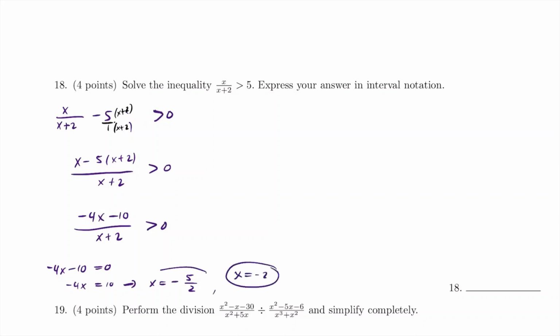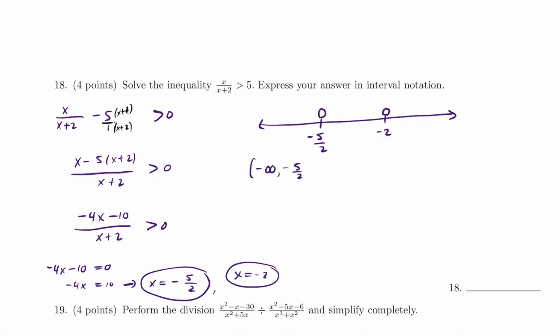So we take these zeros and we split up the real line into different intervals. Negative 5 over 2 and negative 2 are right here, and so forth. Now these are not included, so open circle at those. So we're testing this interval, negative infinity to negative 5 over 2, and then negative 5 over 2 to negative 2, and then also negative 2 to infinity.